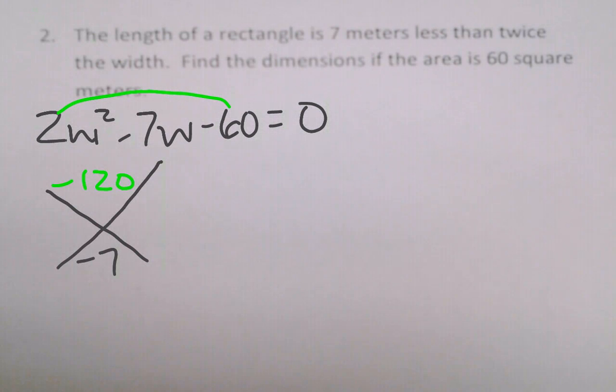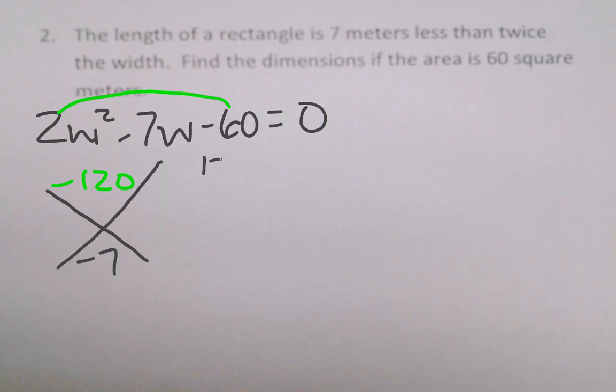Sorry, that was an ugly X. And I'm thinking what multiplies to negative 120 and adds to negative 7. So I like to start with things that are kind of obvious, like 10 and 12. Well, that's not going to give me 7. Could do 40 and 3. No, that's way too far away from each other.